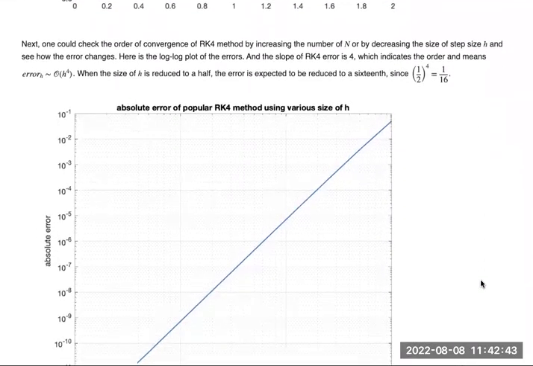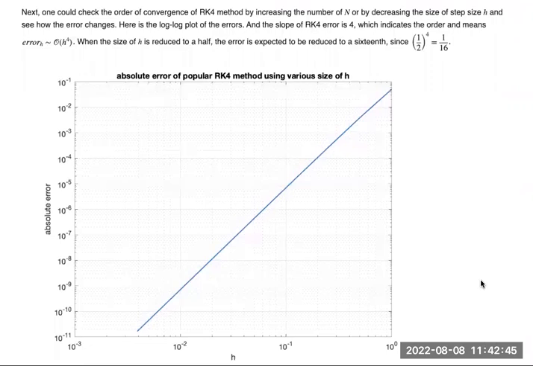The next thing the student can do is use this app to check if the solution is really the so-claimed second order, fourth order, right? What they can do is increase the number n, meaning decreasing the time step size h slowly, and see how the error changes with respect to that.